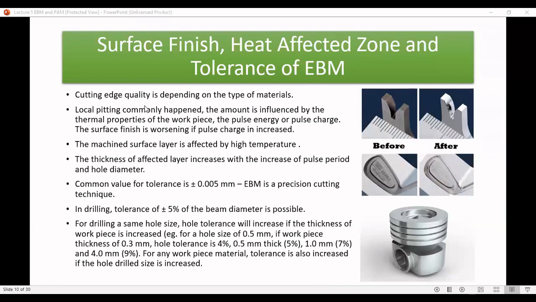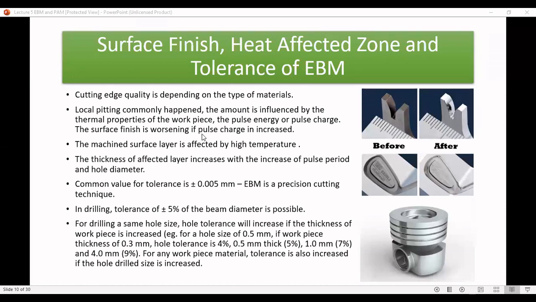The cutting edge quality depends on the type of material that you use. Local pitting commonly happens. The amount is influenced by the thermal properties of the workpiece and the pulse energy or pulse charge. The surface finish worsens if the pulse charge is increased. So you have to remember this.